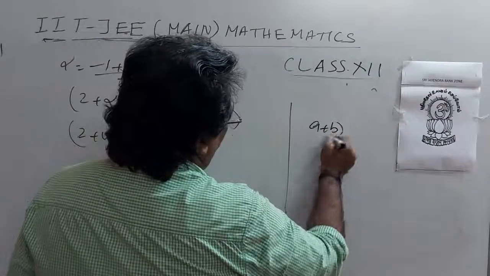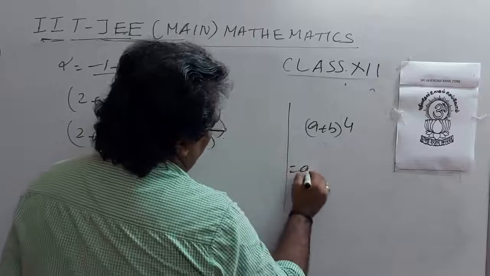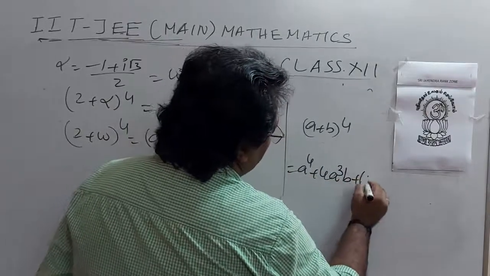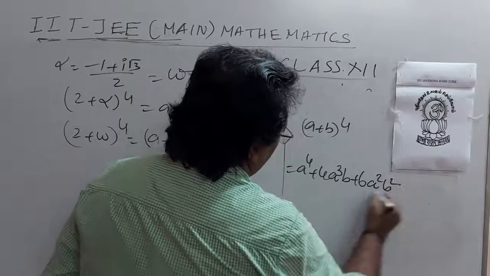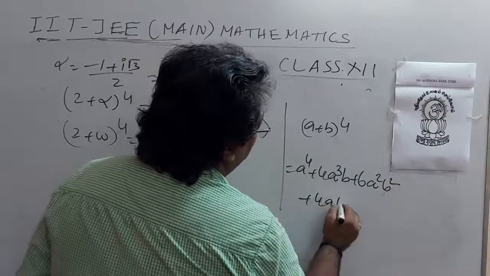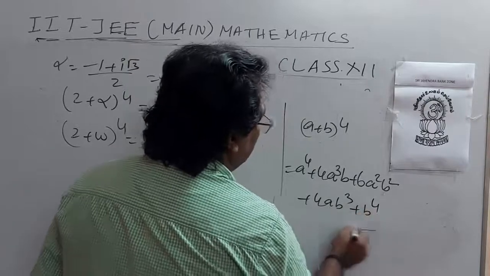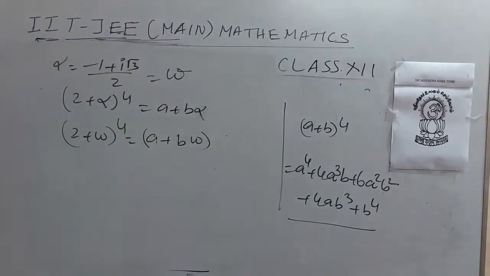Expand using the formula (a plus b) whole power 4: a power 4 plus 4a cubed b plus 6a squared b squared plus 4ab cubed plus b power 4.